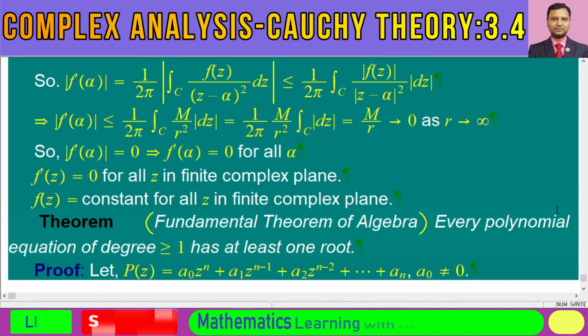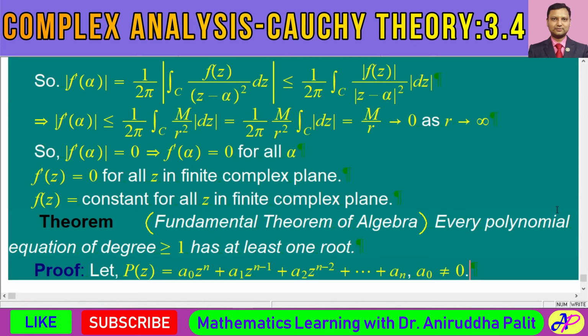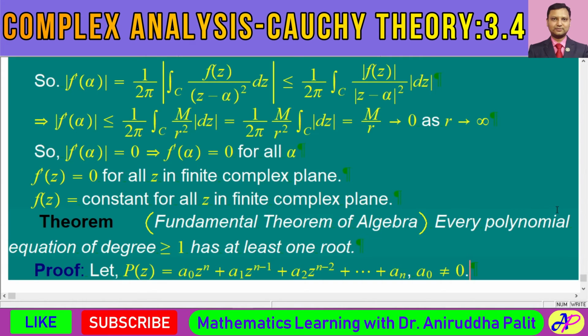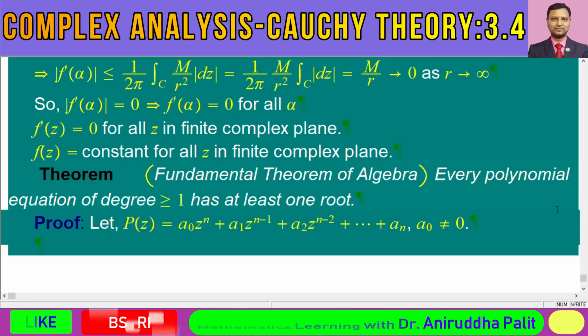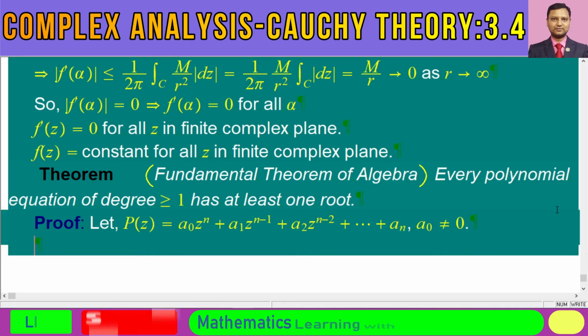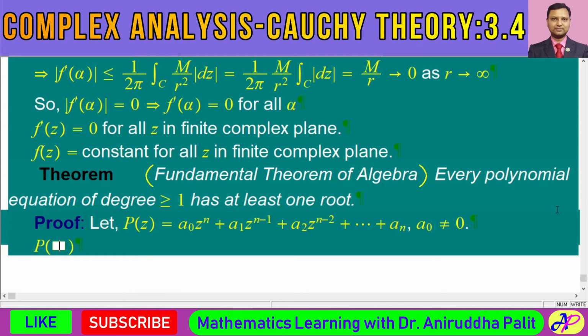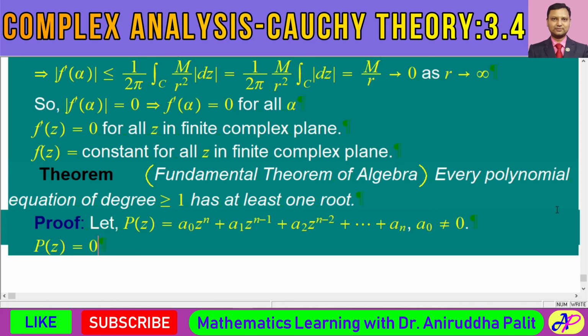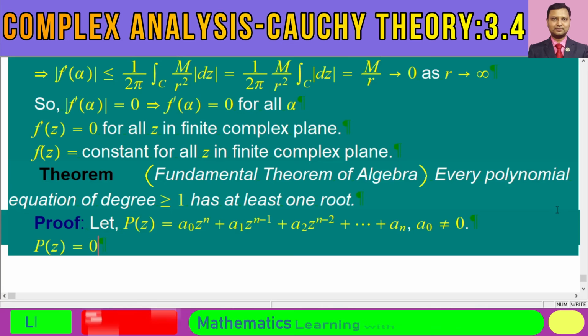Now, what is the theorem? It says that this kind of polynomial must have at least one root. That means if you consider this polynomial equation, it must be satisfied for at least one value of the variable z.